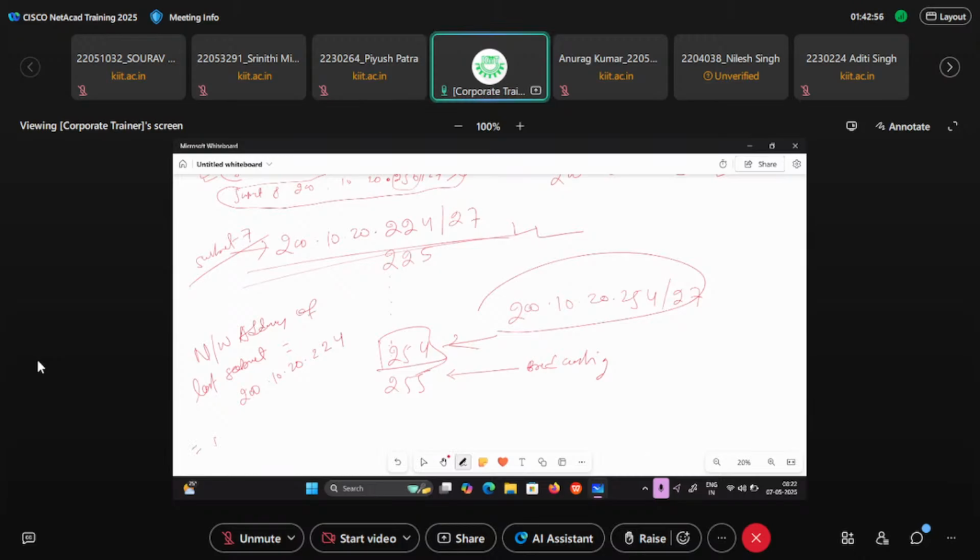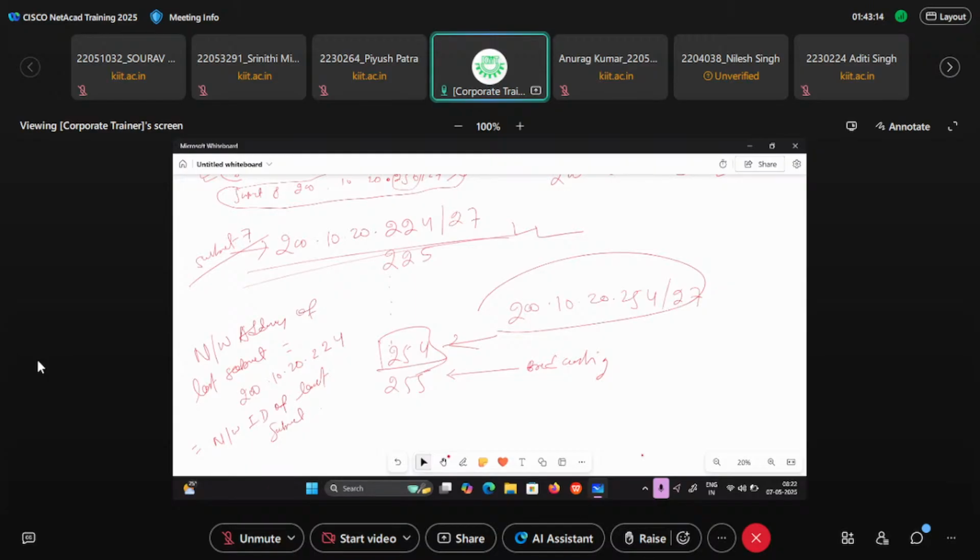Right? That is my last subnet network address, or this is also called a network ID, network address or network ID of last subnet or subnetted network. Also, you can say that. So the meaning of both statements is the same. You just have to simply give the network ID, network address.